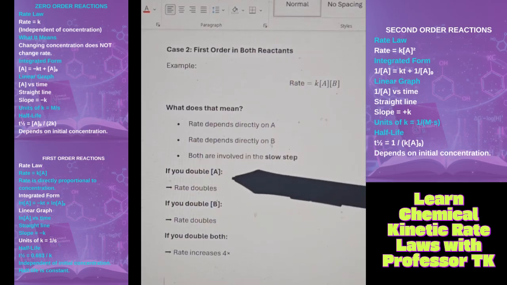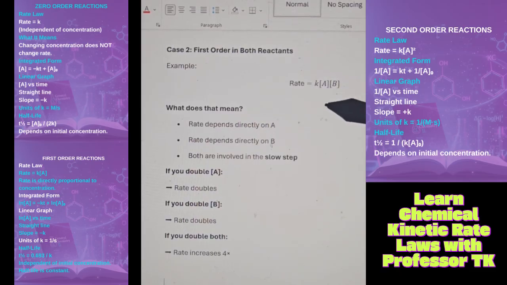So if you double the reactant A, your rate will also double. If you double your reactant B, your rate also doubles. And if you double both A and B in your set of data points, then your rate increases 4 times the amount.